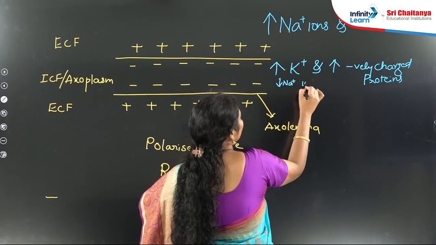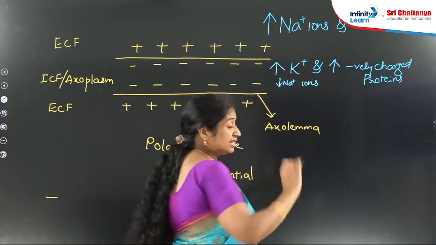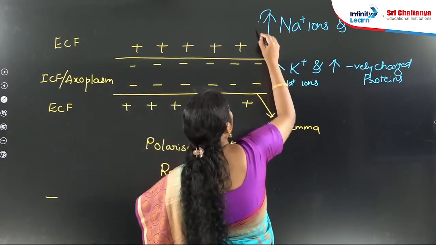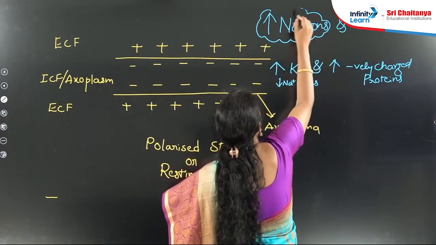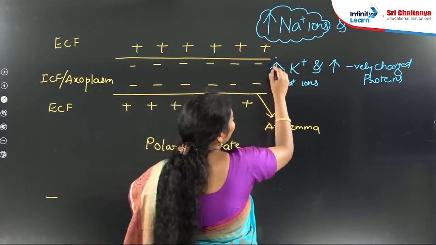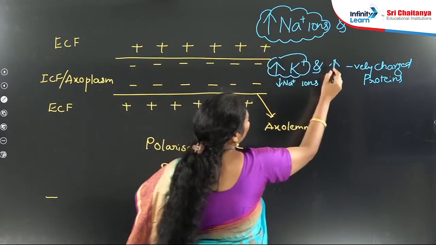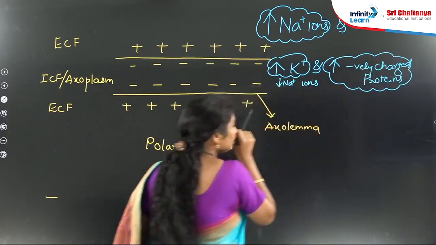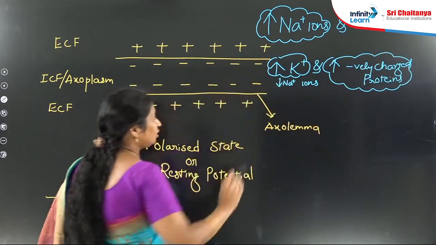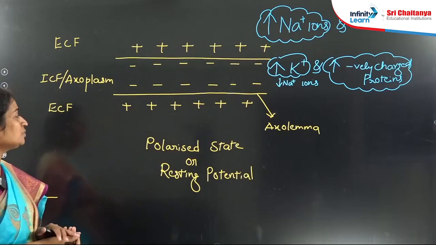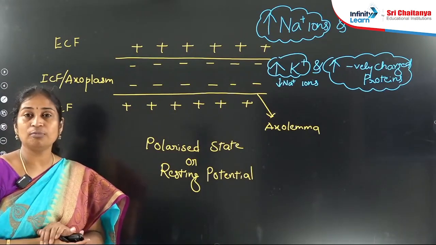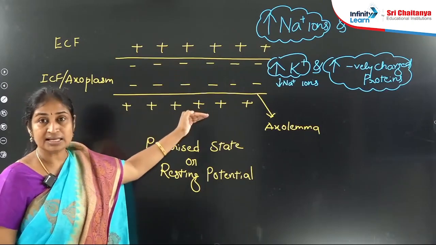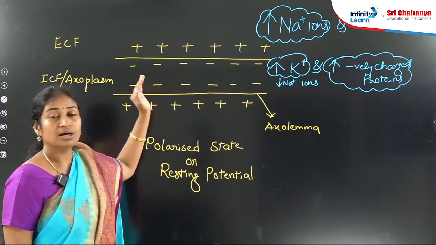It means potassium and sodium are present on both sides, but they differ in concentration. Outside there is more sodium, which imparts the positive charge, but inside there is more potassium as well as negatively charged proteins, which impart the negative charge. This is known as polarized state. What is the meaning of polarized state? Having positive charges outside and negative charges inside. This happens only during resting stage.